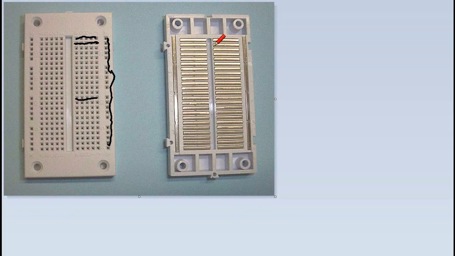This is not connected to this. There are actually spaces in between these. So this is not connected to this. And this one here, same thing. This rail goes all the way down and connects all those holes together. This is important. When we start building our circuits, we need spaces between certain components.